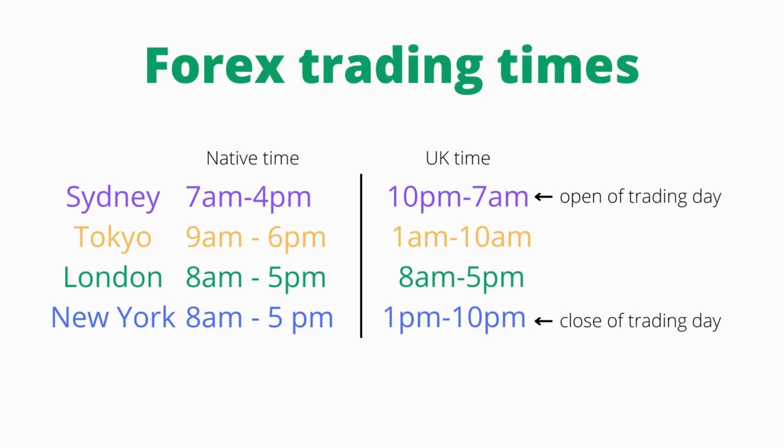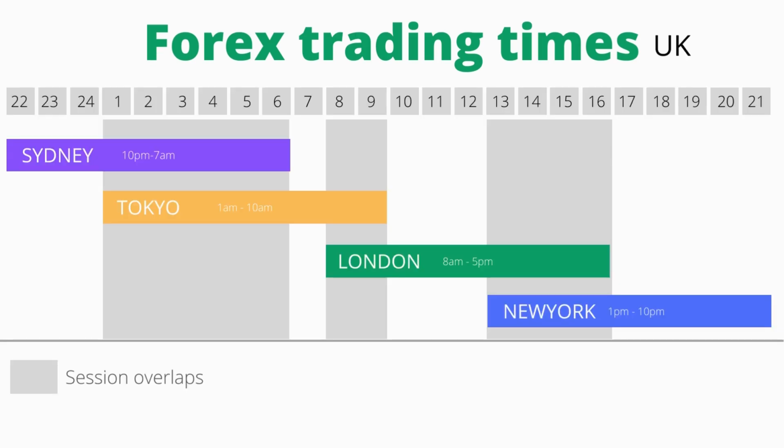Following on from that, we then have the Tokyo session, which runs from 1 a.m. till 10 a.m. Then we've got the London session, which runs from 8 a.m. till 5 p.m. And then ending the trading day is the New York session, which runs from 1 p.m. till 10 p.m. This happens day by day, so when the New York session ends at 10, the new Sydney session begins again.